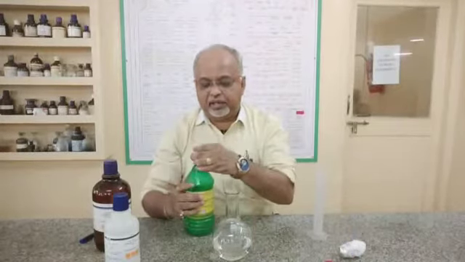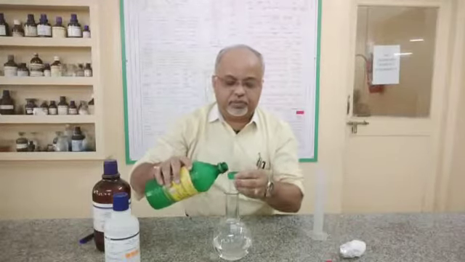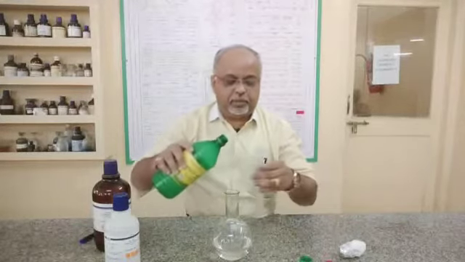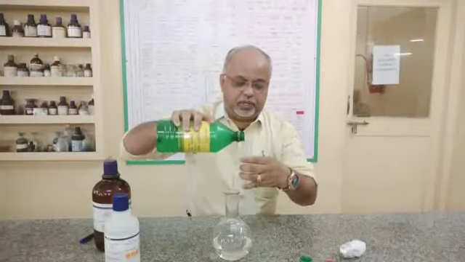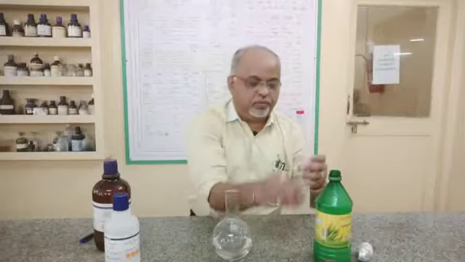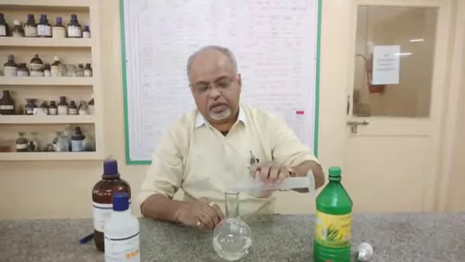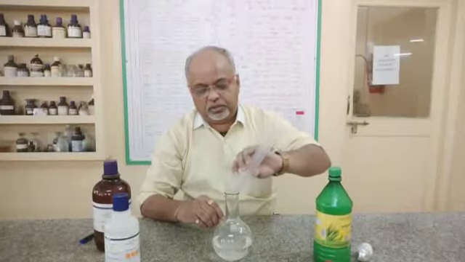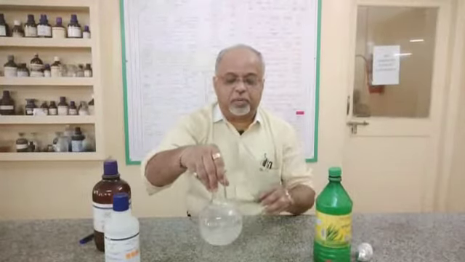I will add 10 to 15 ml of aloe vera gel in this preparation. So I am taking 15 to 20 ml. Now add this to the 200 ml of alcohol. Then mix it properly.